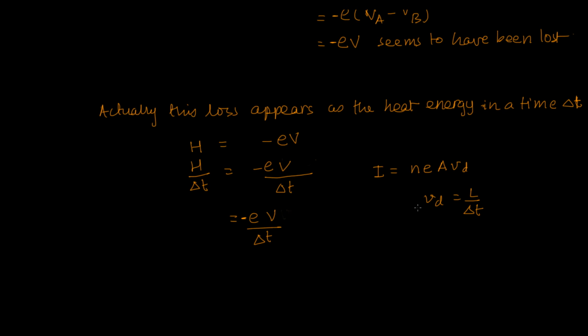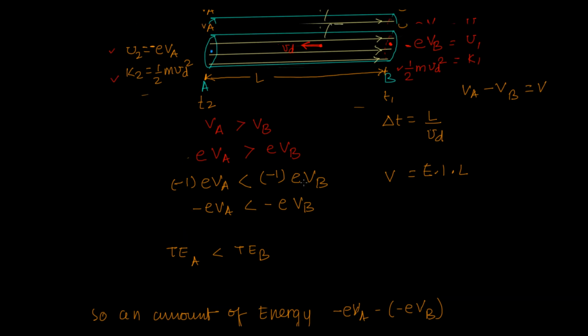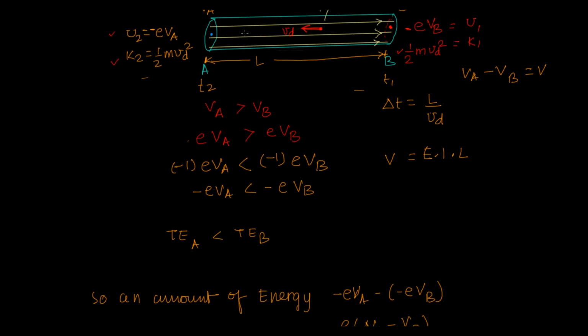You can also do this, because this will lead you to the same result. It's not that in 1 second only one electron, in delta t second only one electron is gone. How many electrons would have gone from here to here?